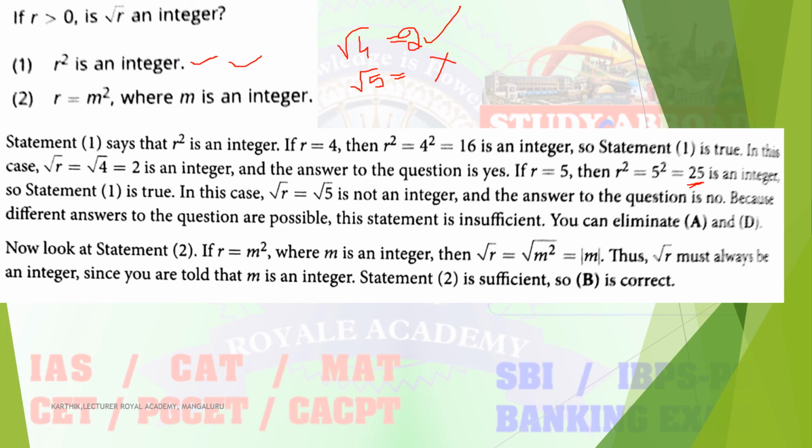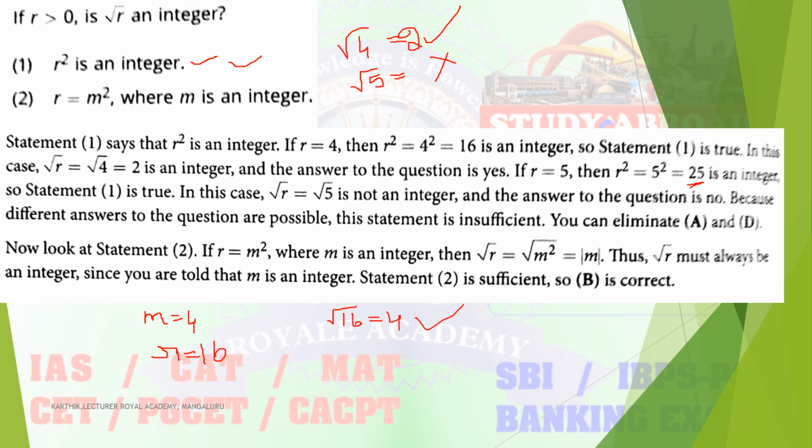Then go for the second statement, where m is an integer. I will take m is equal to 4, same as the first case. So the r value is m square, 16. Is the square root of 16 an integer? Yes, the square root of 16 is equal to 4.